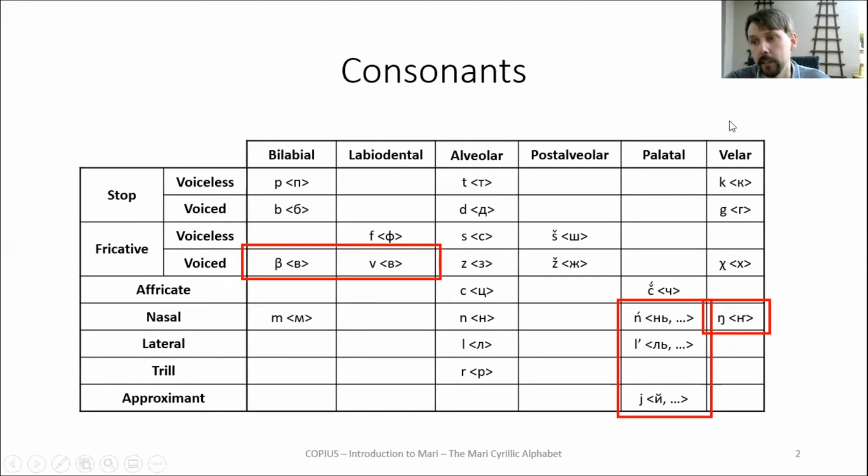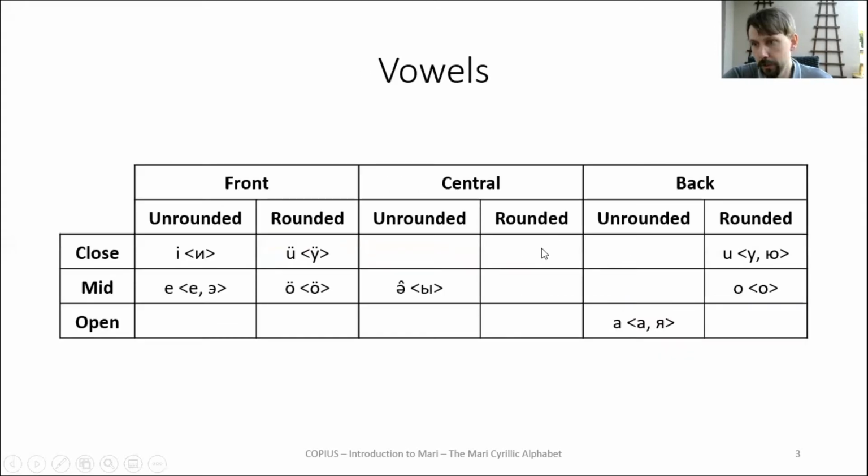The peculiarities will become clearer once we look at the vowel inventory. So here you see an overview of the 8 vowels that Mari has. In addition to the 5 you know from Russian, a, e, i, o, u, you've also got a schwa indicated by this symbol here.